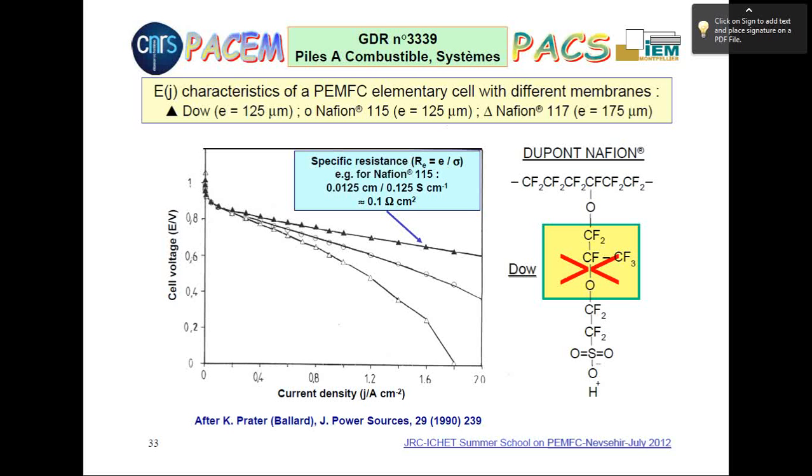So you can calculate 25 micrometers per mil, so 5 times 25 is 125, 7 times 25 is 175.